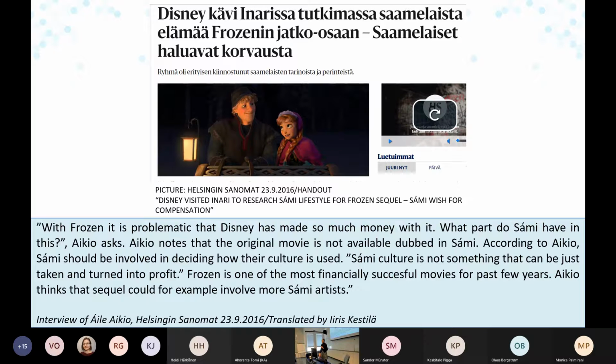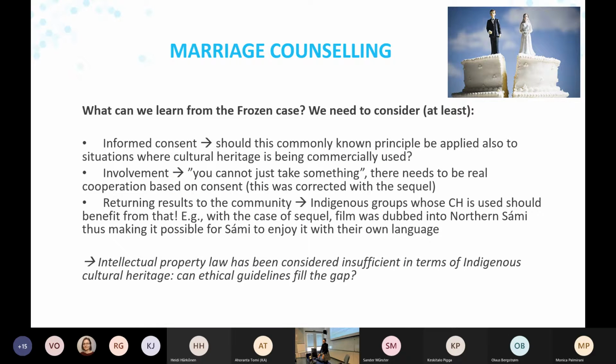Giving back, I'm not saying necessarily only in economic terms, but for instance, translating the sequence into the Sami language. So based on these examples, the question is, can we do something for this marriage to continue maybe in a more peaceful way?